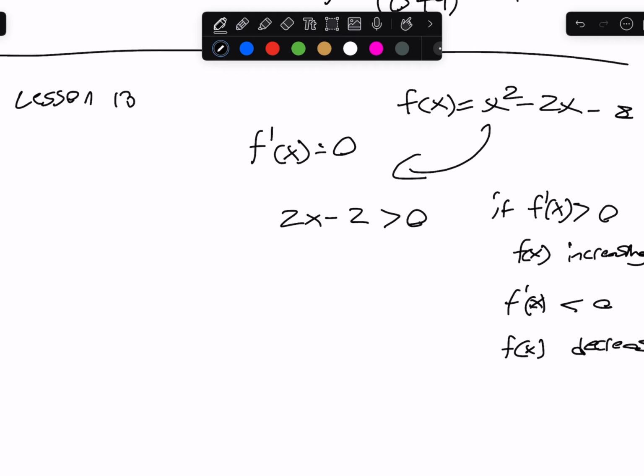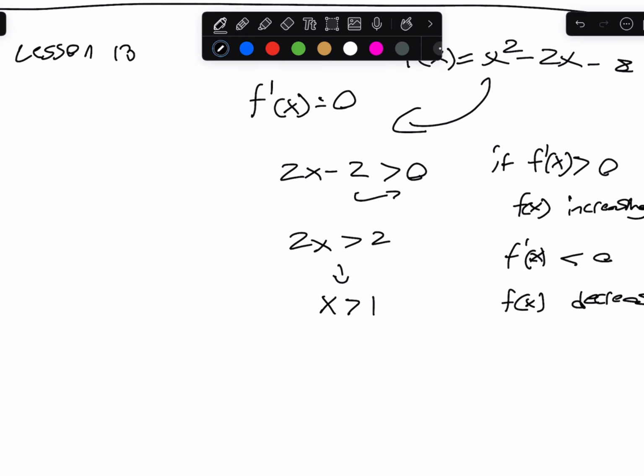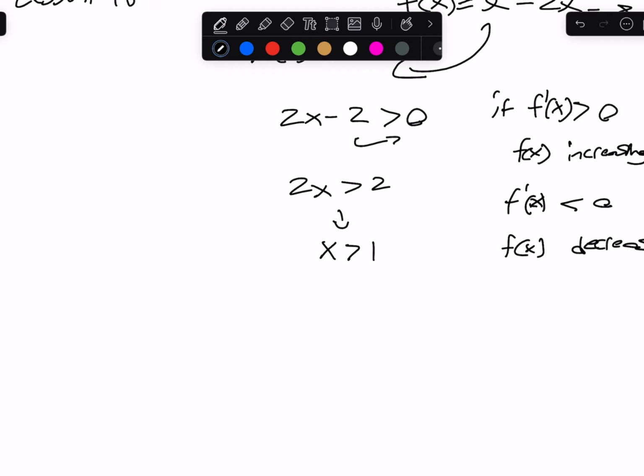Now, if we take our 2 across, 2x greater than 2, so this means that we need x to be greater than 1 in order for it to be increasing, and we need x to be less than 1 for it to be decreasing.